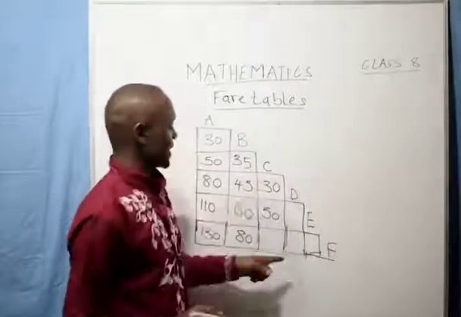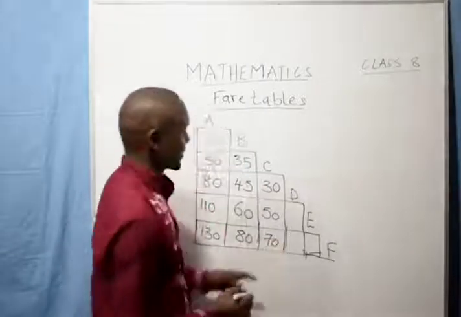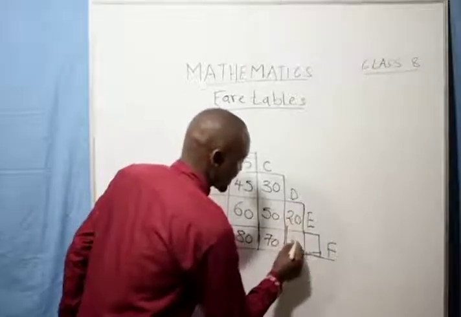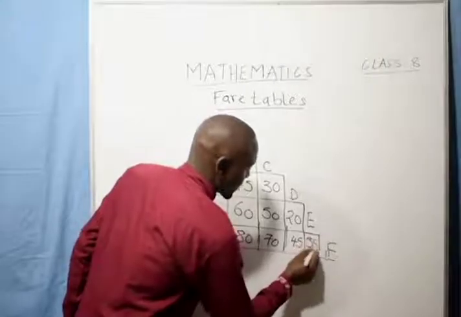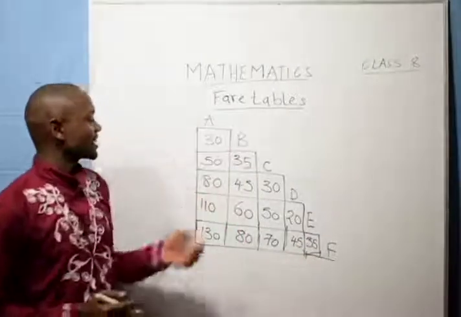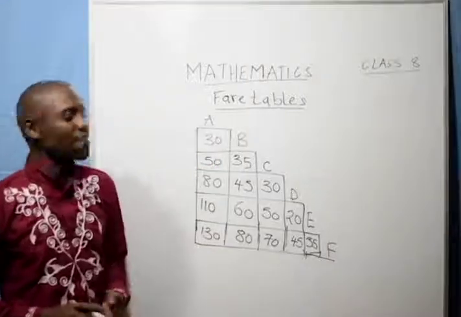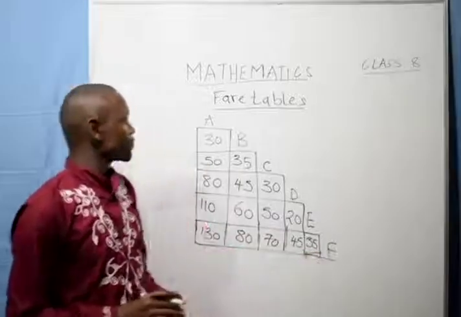From town C to town F can be around 70 shillings. From town D to town E, maybe 20 shillings. This is 45 shillings. Then this one can be 35 shillings. So that is just an estimate or an example of a fare table between town A and town F.